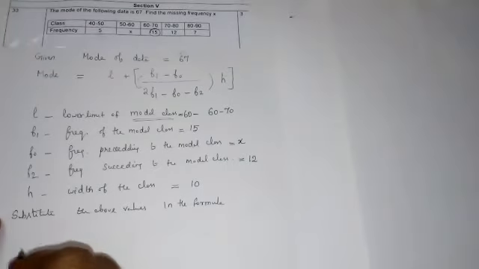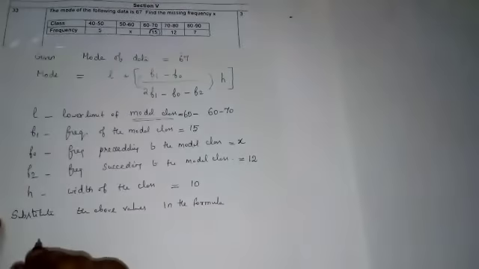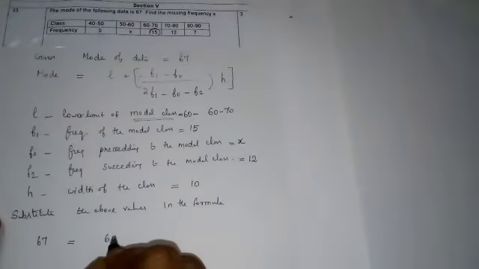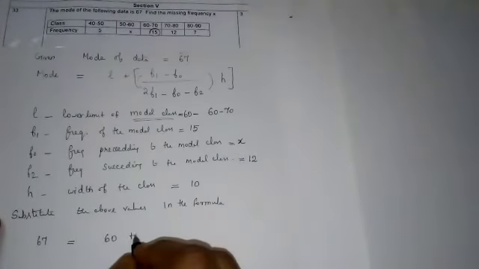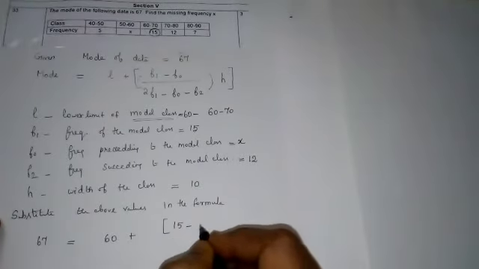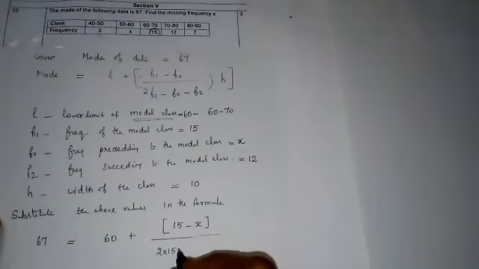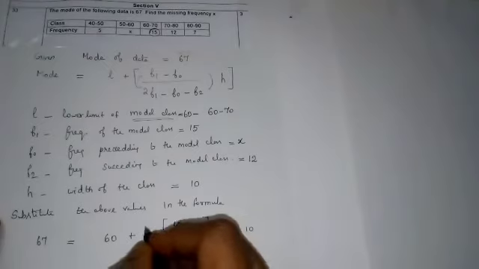The mode value is 67. So you write 67 equal to the L value 60 plus (F1 value 15 minus F0 value x) divided by (2 into 15 minus x minus F2, which is 12), into 10.